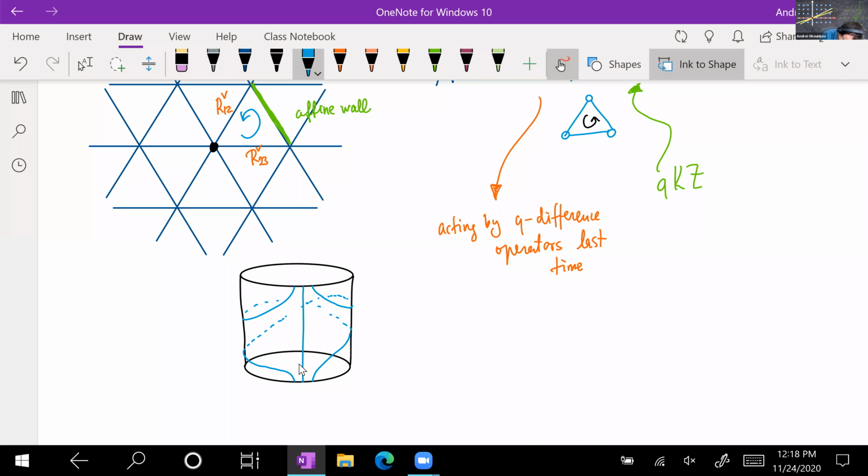Maybe this is not the best drawing, but somewhere around here they are behind my back. They exchange places, and in particular they cross this seam. That seam had this operator Z in it, this contains Z.